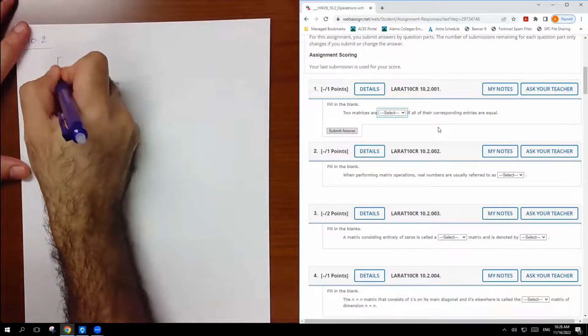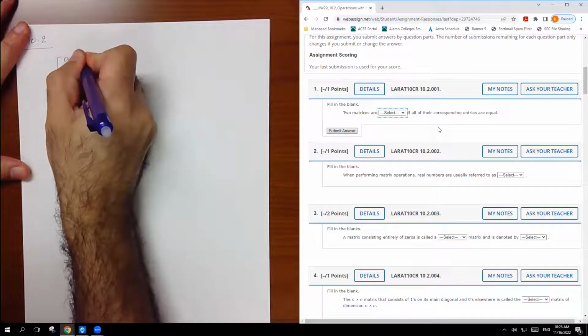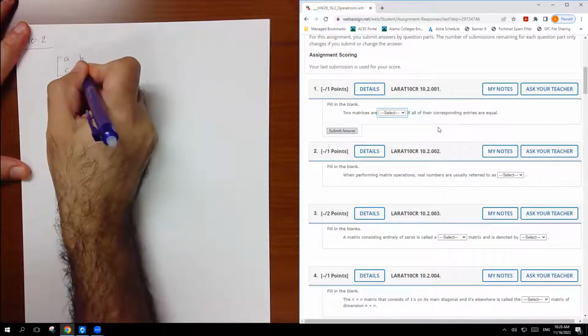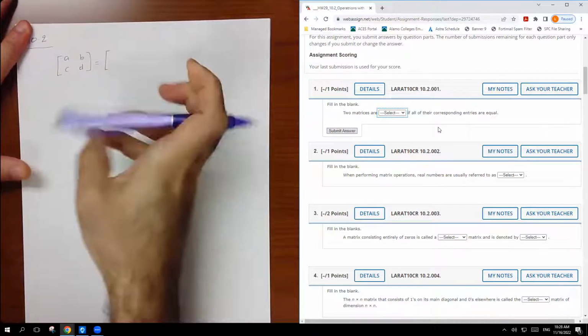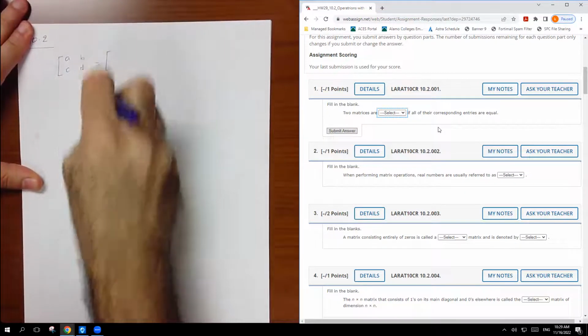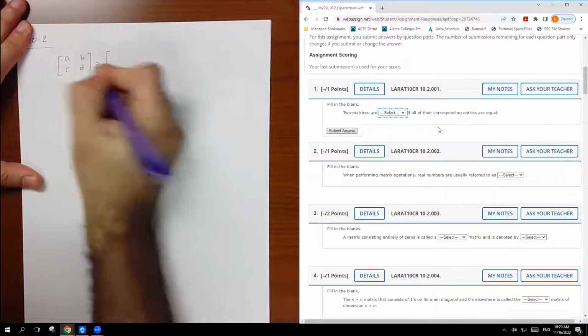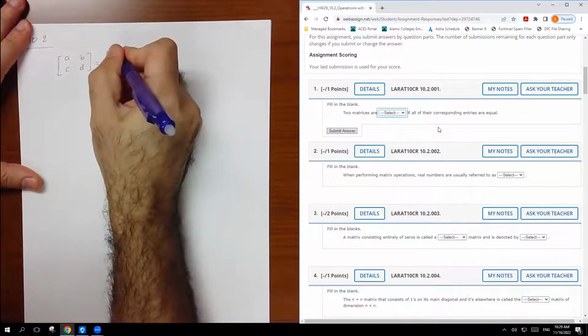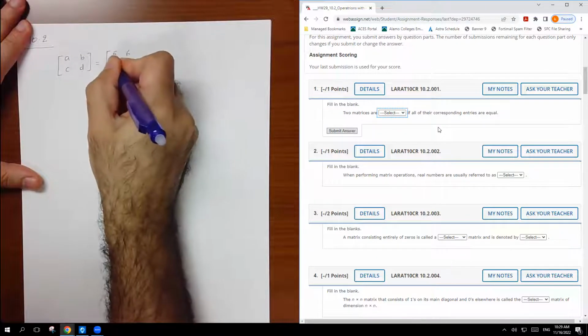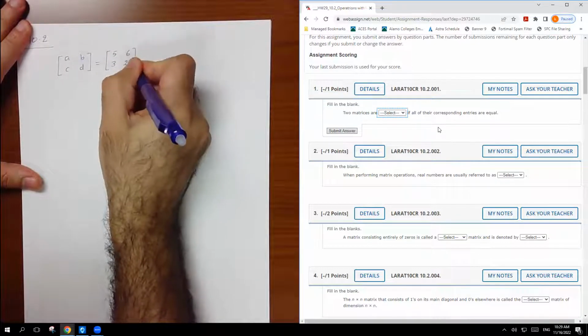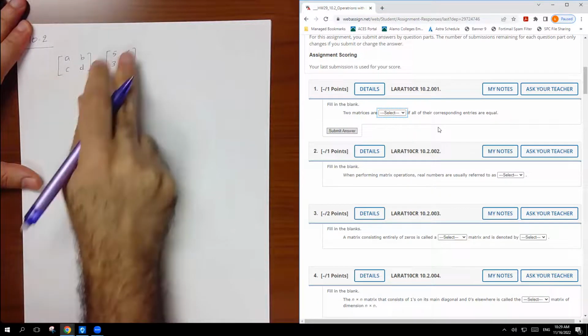so if you have this matrix A, B, C, and D, these two matrices are equal if they have exactly the same entries. That means 5, let's say here, 6, 3, 2. So you see we have 4 entries here, we have 4 entries here.